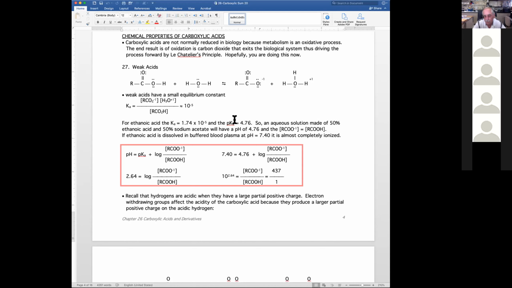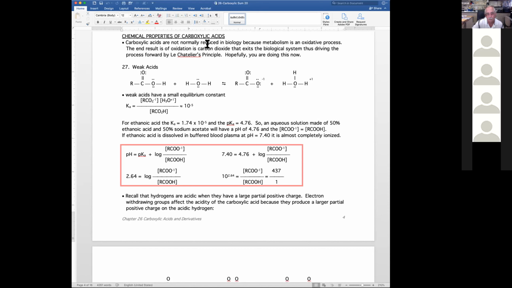If you just ate a primary alcohol, it's oxidized to an aldehyde, then a carboxylic acid. If you ate a secondary alcohol, it's oxidized to a ketone. Later on, we can see that that will also be oxidized eventually with other reactions going on to a carboxylic acid. And then that carboxylic acid eventually is cleaved off by a carboxylase enzyme, and you end up as CO2 and you exhale it. So that's why we're not going to be talking about reduction of carboxylic acids.